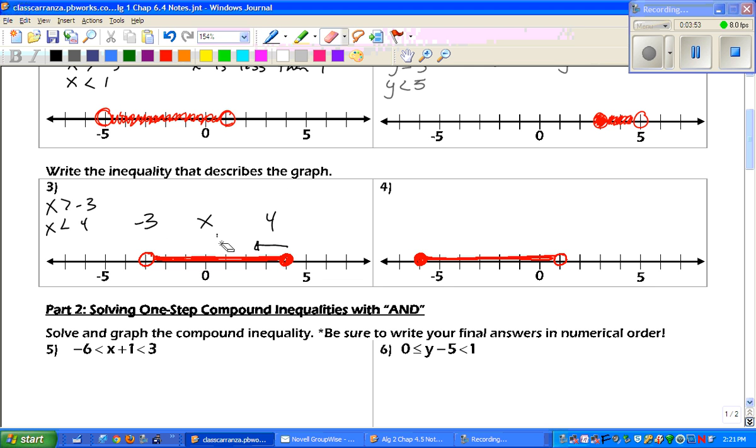So when we rewrite that, just keep your inequalities going the same. It's eating the x, so just make sure that you are still eating the x. Now, is one of those closed? Now that I relook at this, yeah, at 4, it's closed, so it's going to have the inequality less than or equal to. Why don't you pause real quick and try number 4.